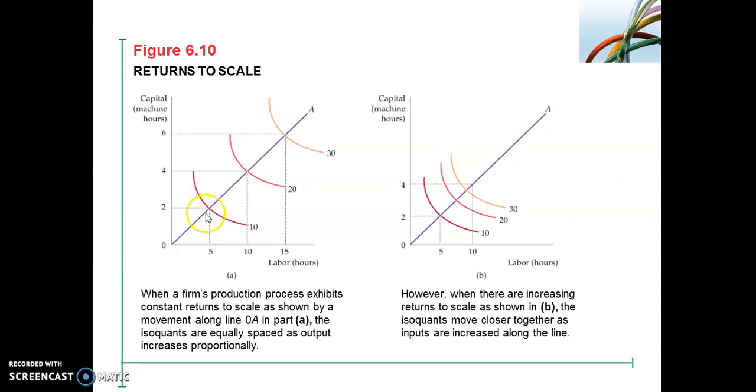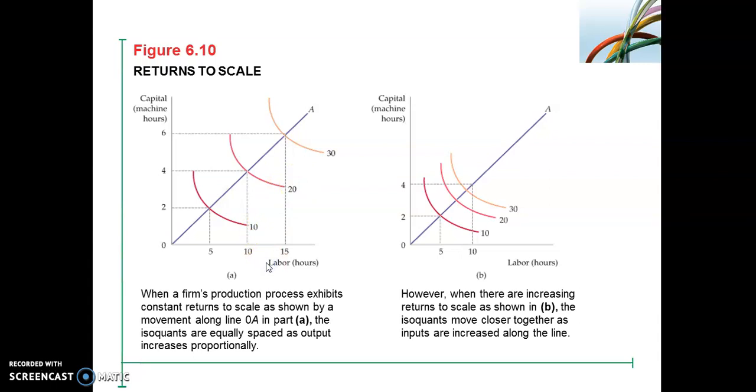If we follow this line OA, we see that there is a doubling of output. Output Q given by these isoquants, you can see that output has doubled from 10 to 20.